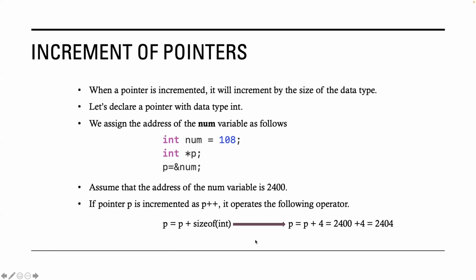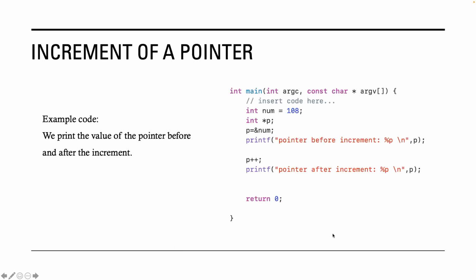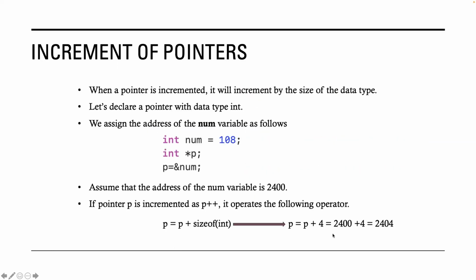Then what happens is the program will add the size of the data type to this variable p, the value of the pointer. It is like p is equal to p plus sizeof int. For convenience, I'm assuming that the address of the num variable is 2400.